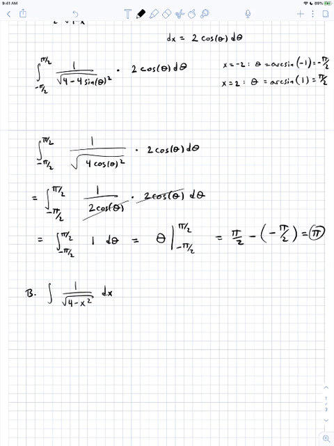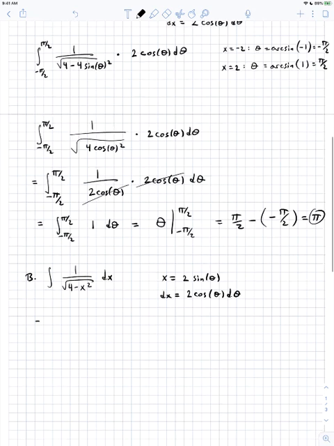in the same way. You let x be equal to 2 times sine of theta, and then dx is equal to 2 cosine theta d theta, just like it was before. So this is the integral of 1 over the square root of 4 minus x squared, so 4 sine squared theta, times dx, which is 2 cosine theta d theta.